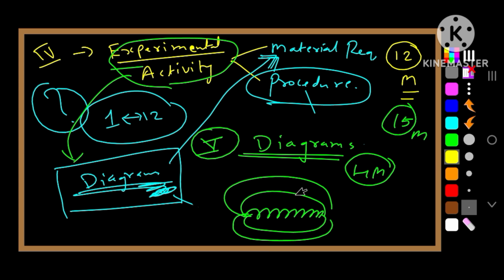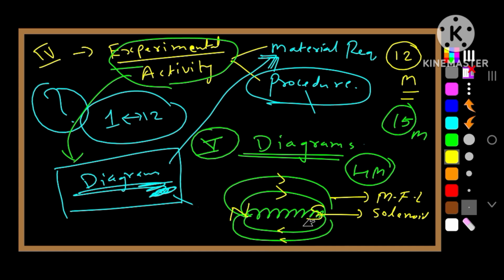Most of the students are simply drawing like this. Simply you have to mention the names. This is solenoid. These are the magnetic field lines. This is north and this is south. You have to mention the arrow marks. That's all.